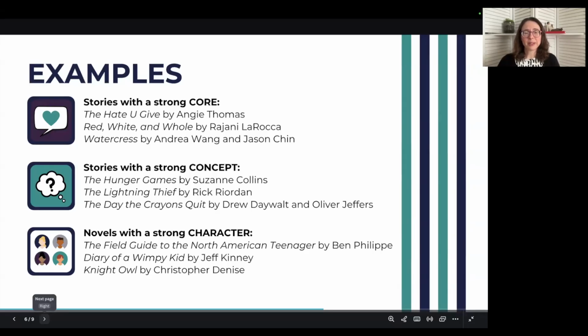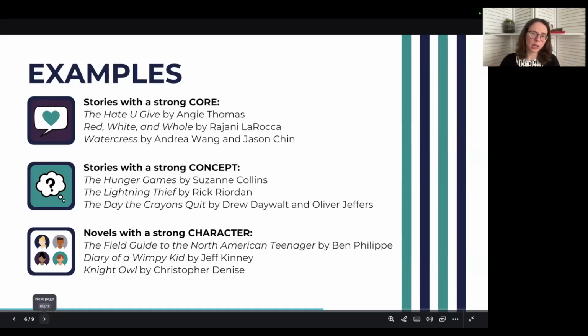Or you might, for a middle grade example, think of Red, White, and Whole by Rajni LaRocca, a beautiful novel in verse about what it means to embrace our full identity, to feel free to be who we are, embracing both our family and our heritage while also realizing that we are maybe not entirely like our family, but we want to be part of everything that makes us who we are, what makes us whole.